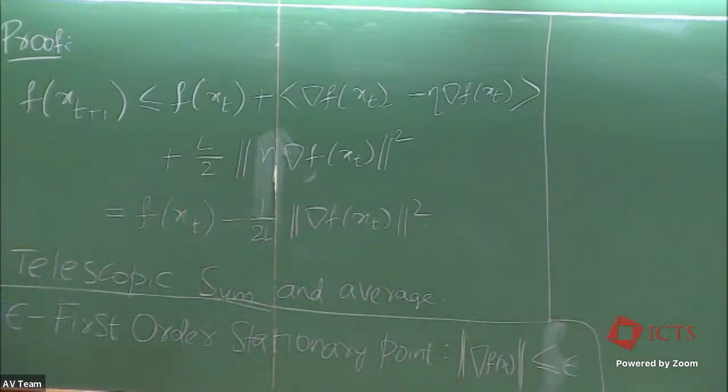So gradient descent can find 1 over square root T first order stationary points after T iterations. Okay, that's what gradient descent shows.